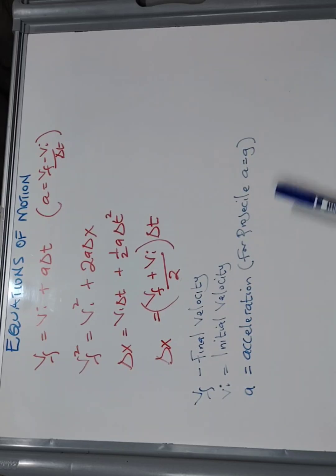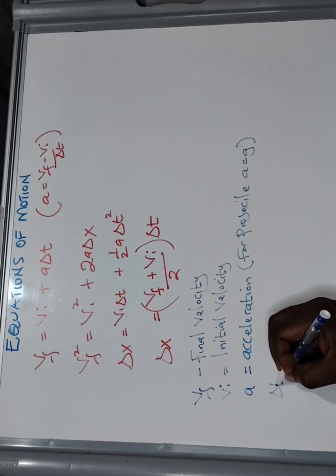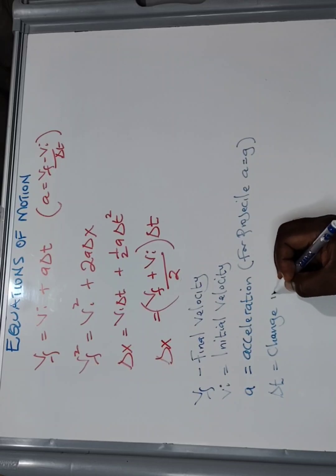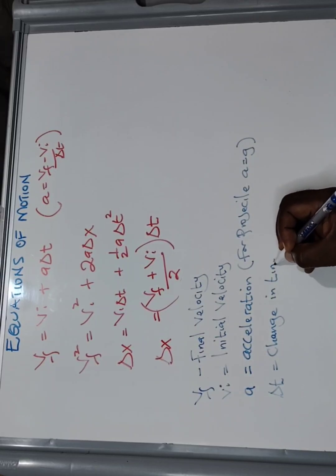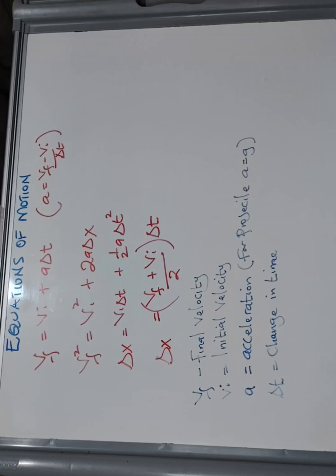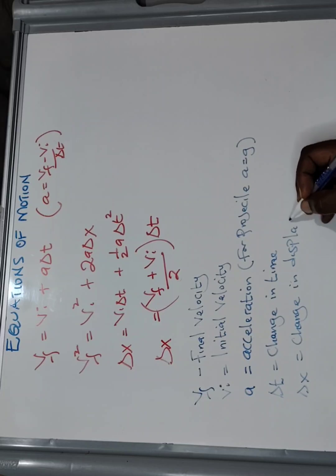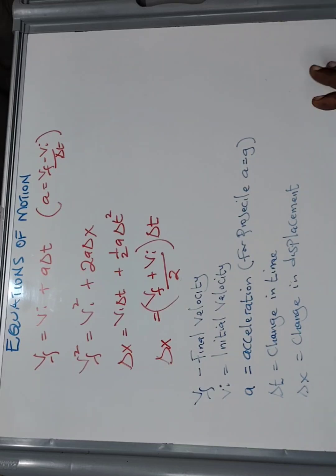But if the body is not a projectile, we don't have to use G. Delta T is change in time. Delta X is change in displacement. So those are the terms we have in these equations.